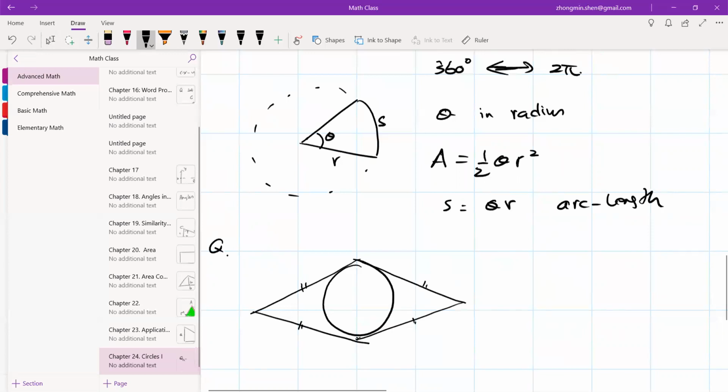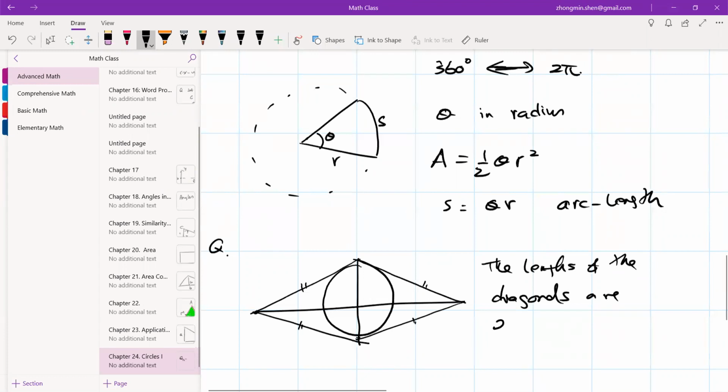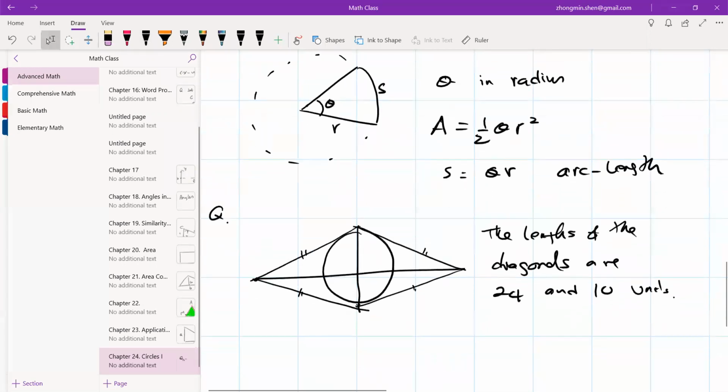The circle is inside. The lengths of the two diagonals are 24 and 10 units. My question is, what is the radius of the circle?